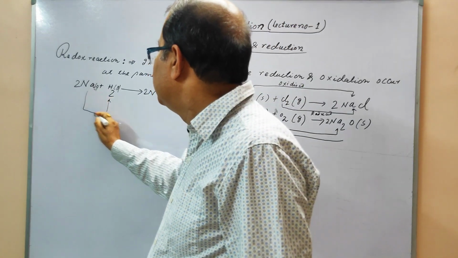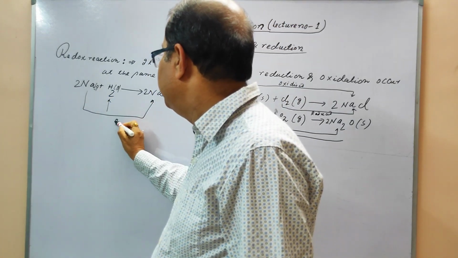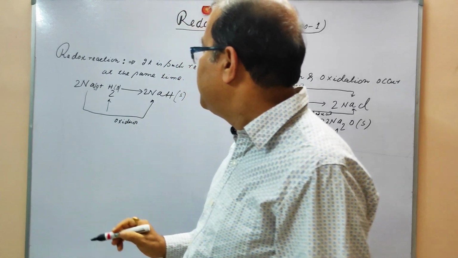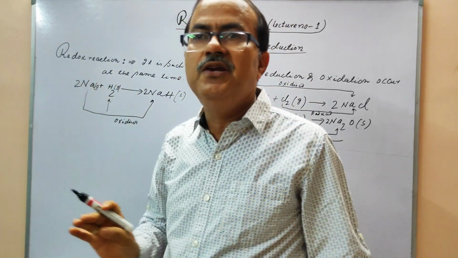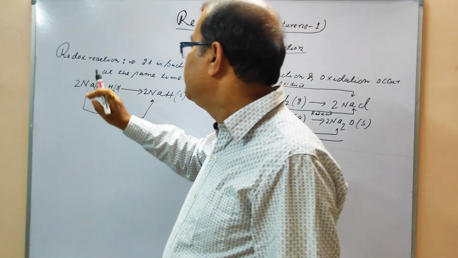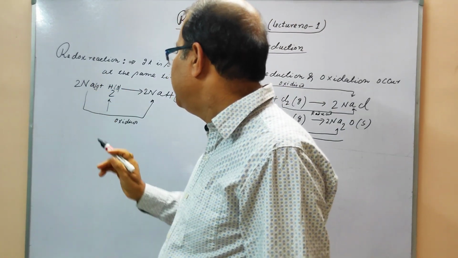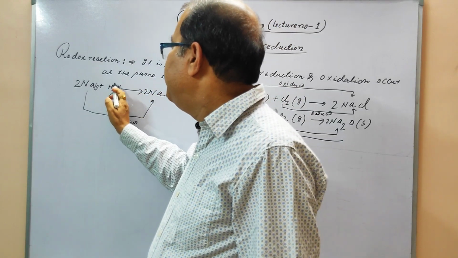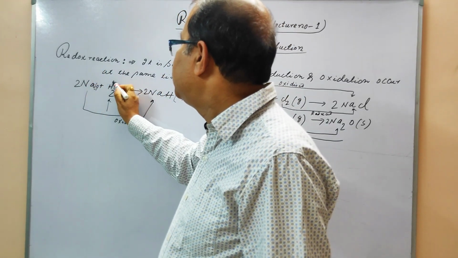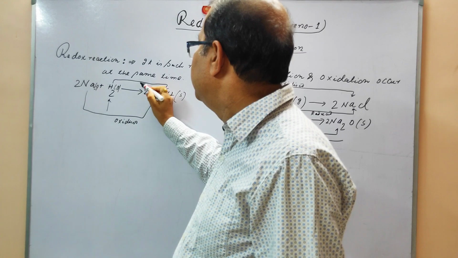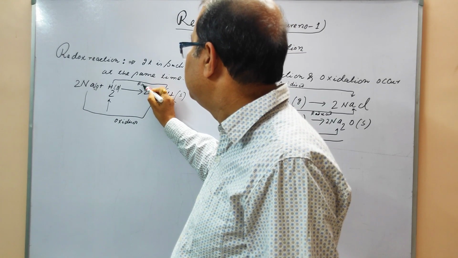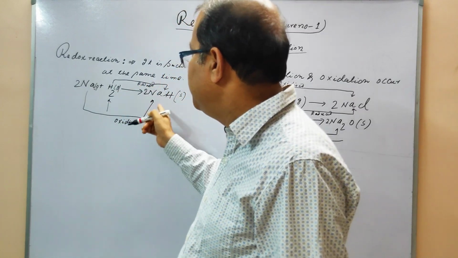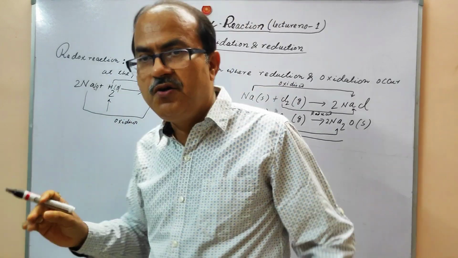We can write this: sodium is oxidized because it is being added to the electronegative element hydrogen, and at the same time hydrogen, the electronegative element, is being attached to the sodium. So we can say hydrogen is reduced. In this reaction we can understand that hydrogen is reduced and sodium is oxidized on the basis of electronegativity.